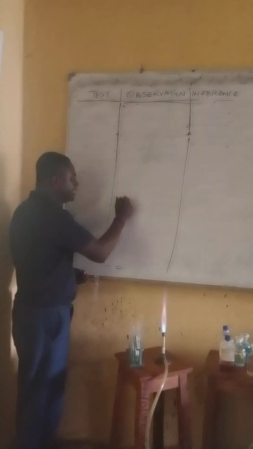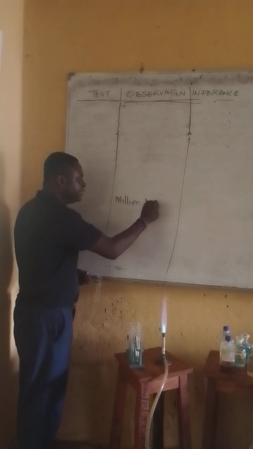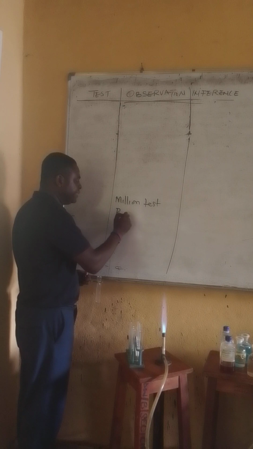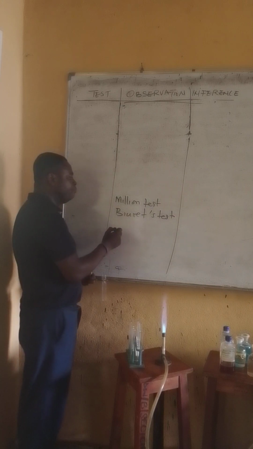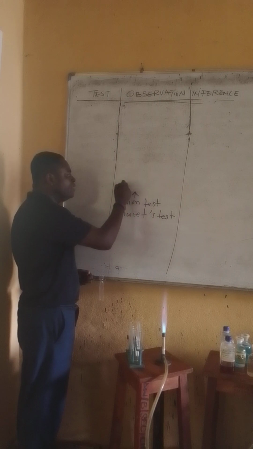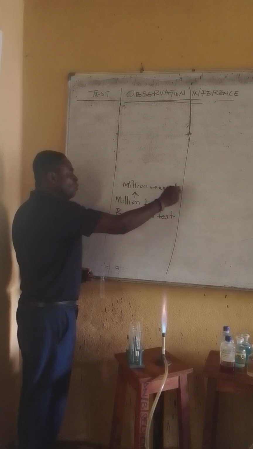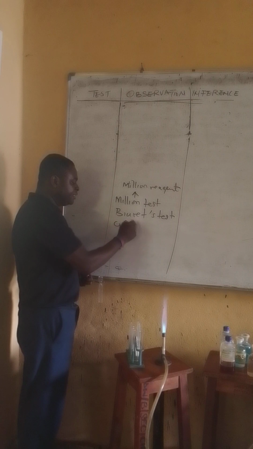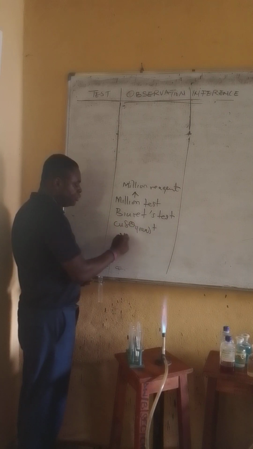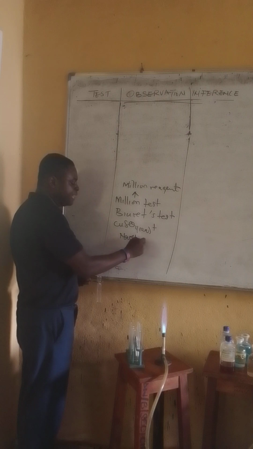We have the Millon test and the Biuret test. The Millon test involves the use of Millon reagent, while the Biuret test involves the use of copper sulfate solution and caustic soda, sodium hydroxide solution.